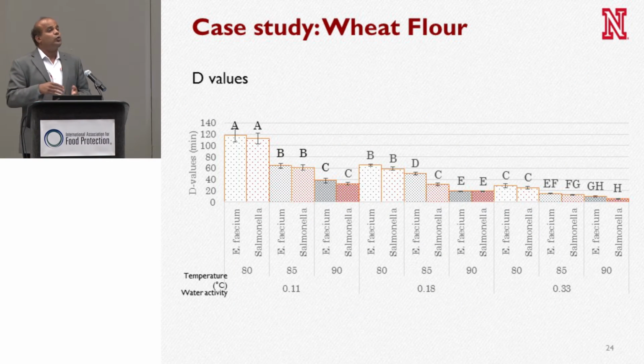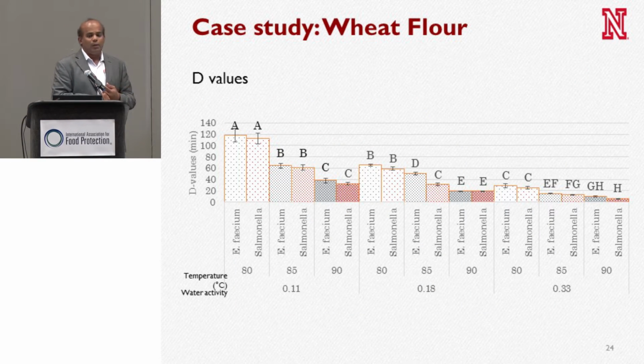So let me go through a case study for wheat flour. First, we wanted to check the surrogate Enterococcus faecium against a Salmonella cocktail. We looked at the D values at 80, 85, and 90 degrees Celsius at 3 different water activities: 0.11, 0.18, and 0.33.